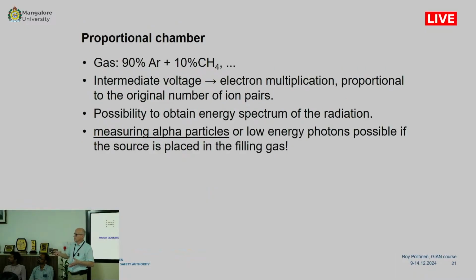However, in these cases, there is an electron multiplication which is proportional to the original number of ion pairs. So it's possible to obtain the energy spectrum of the radiation. So we can measure alpha particles or low energy photons if the source is placed in the filling gas.